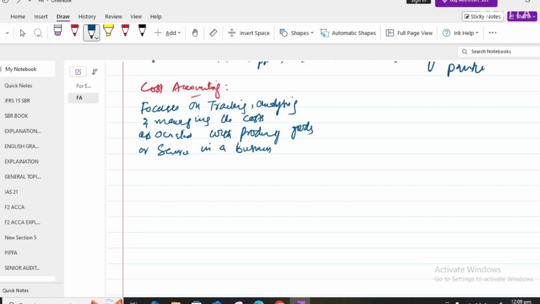So basically cost accounting is tracking, analyzing, and then managing the cost that is associated with the production of goods or services in a business.